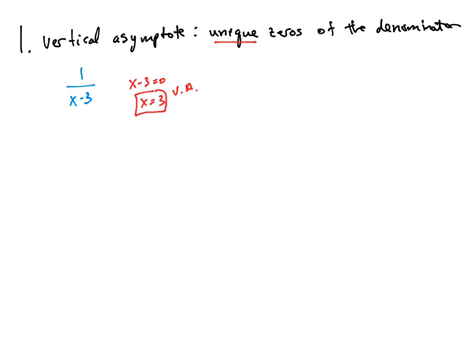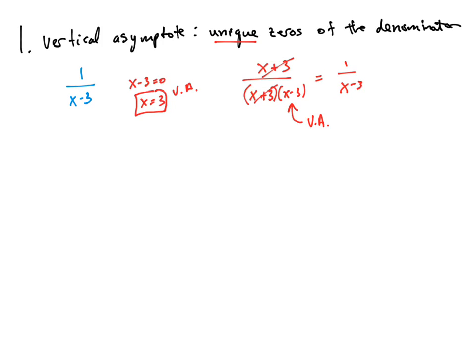When we say unique zeros of the denominator, suppose I had this. Okay, so what we see is that x plus 3 and x plus 3 are common in the top and the bottom. So only x minus 3 corresponds to a vertical asymptote here.